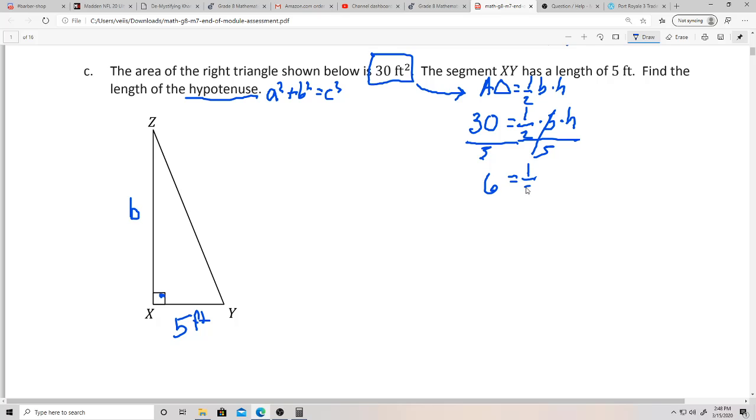Boom. That leaves us with half times height. And then, how do I get rid of this half? There's two ways: you could divide by a half.